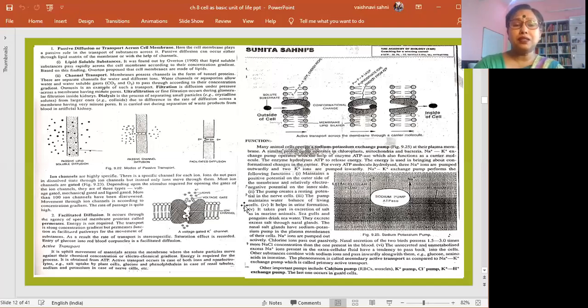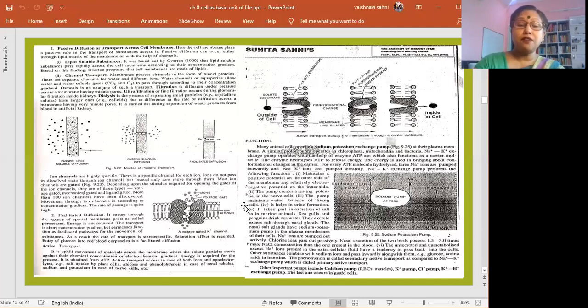This enzyme hydrolyzes ATP to release energy, and this energy brings the exchange of the ions. For every ATP molecule hydrolyzed, 3 sodium ions are pumped outward and 2 potassium ions are pumped inward. Therefore, the name sodium potassium exchange pump is given.